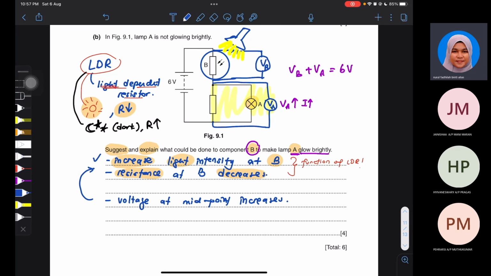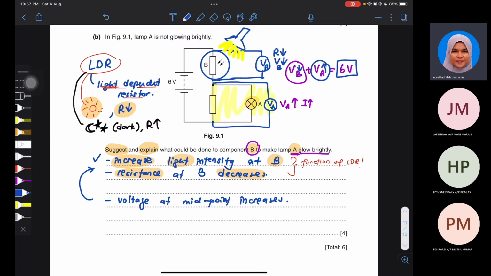Kenapa? Sebab sini R dah decreases. Bila R decreases, voltage decreases. Jadi voltage yang kita cakap ni adalah voltage VB. So kalau you tengok sini, when VB decreases, so VA ni kena increase supaya maintain 6 volt.